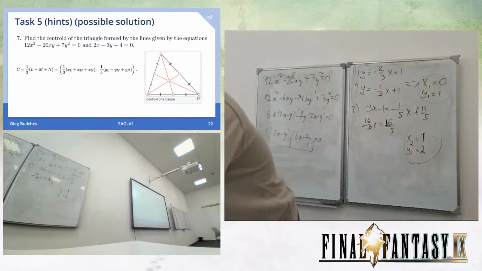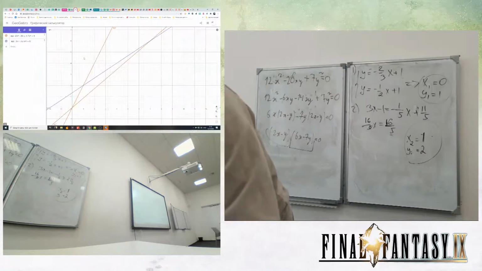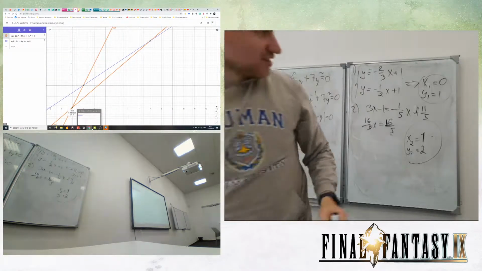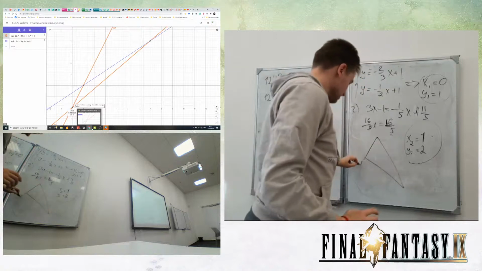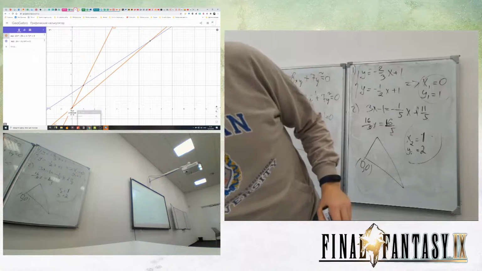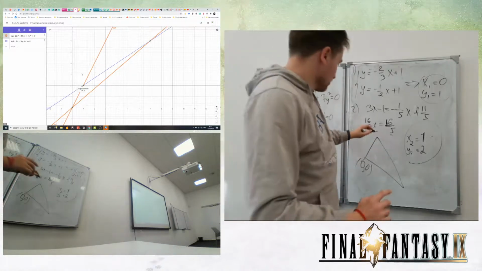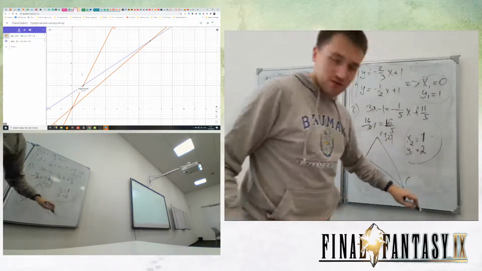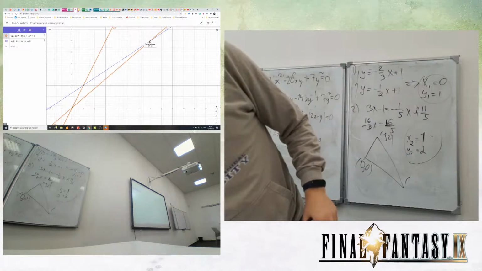I can open GeoGebra and do like this. 0, 0, this one. 1, 2, and this one. 7, 5. 7, 6.